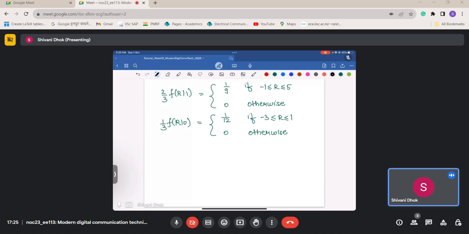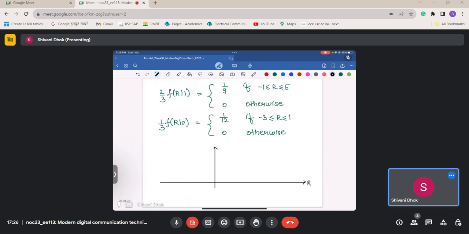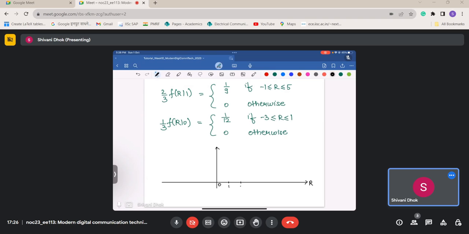So the situation that we have ended with is something like this. This is r, this is some axis, let's say this is 0, 1, 2, 3, 4, 5, minus 1, minus 2 and minus 3, like this. Then 2 by 3 f of r given 1 is 1 by 9 for minus 1 to 5. So let's say this is 1 by 9.